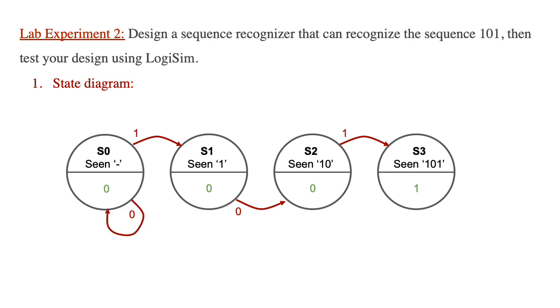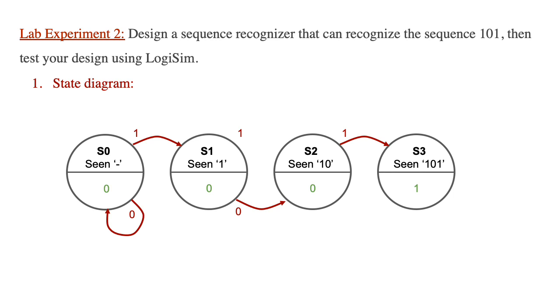Now if we are in state 1 and we get a 0, we know we should go to state 2. But what will happen if we are in state 1 and we receive a 1? What we will have so far is the seen 1, or the 1 inside the state, and the 1 from the input. So we're going to have a total of 2 1s.